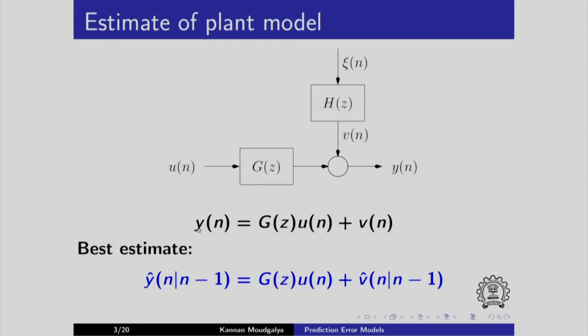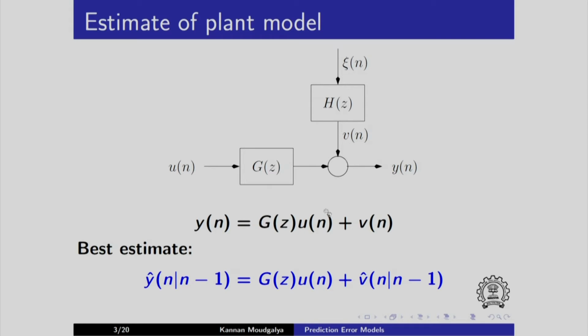We will indicate the estimate by hat, and this symbol says y hat of n given n minus 1, that is, you have everything up to n minus 1. Based on that you estimate y at n. Because it is an estimate, you have a hat here.